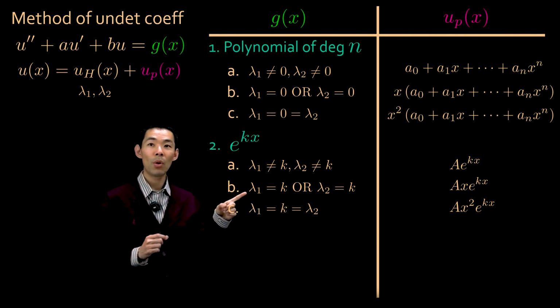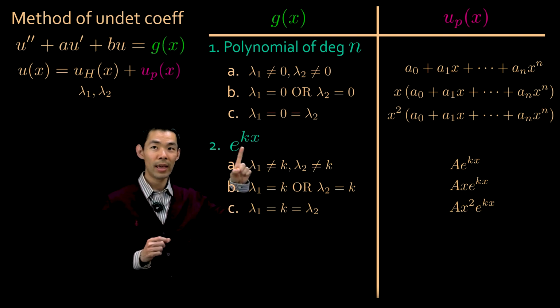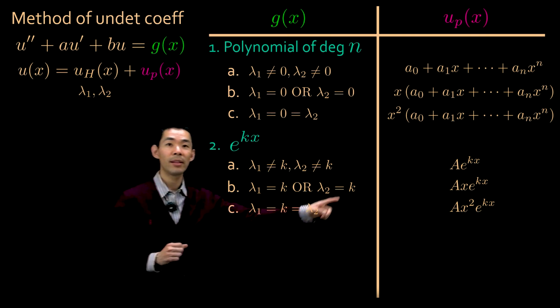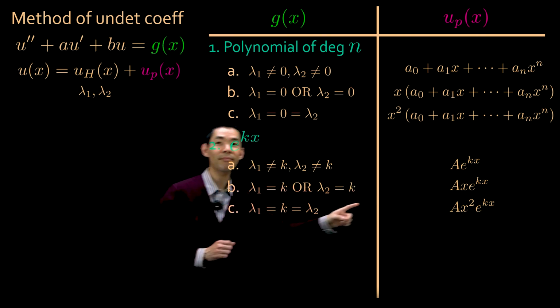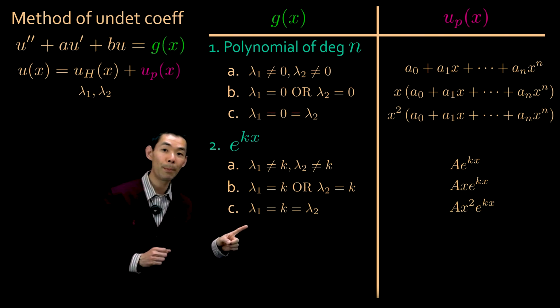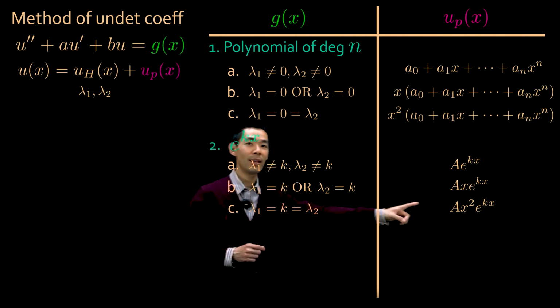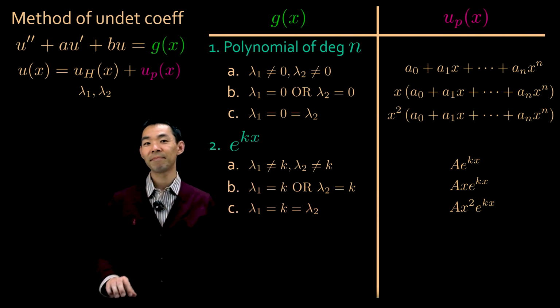If lambda 1 or lambda 2 is actually equal to the exponential prefactor inside the g of x, then you just need a factor of x out in front. And if lambda 1 and lambda 2 are both equal to k, it's a double root, then you need this x squared factor out in front. Okay?